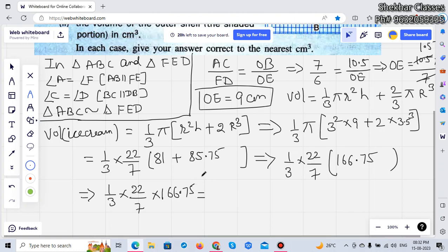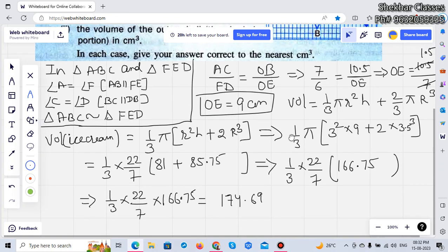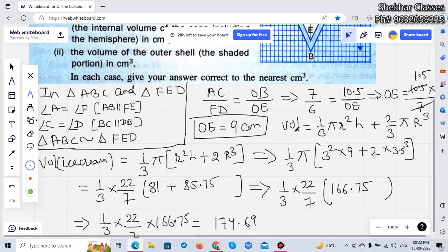You have to calculate that further into 22 and divided by 21. It will give you 174.69, and we have to write it to nearest how much.